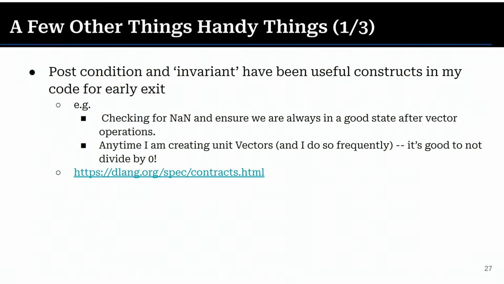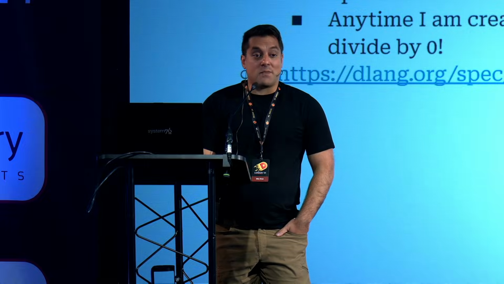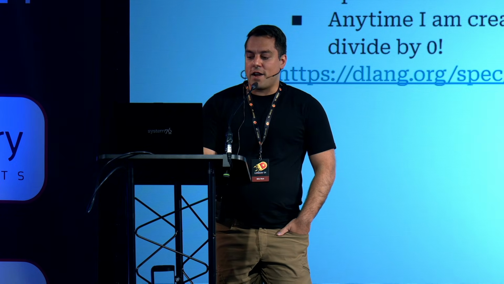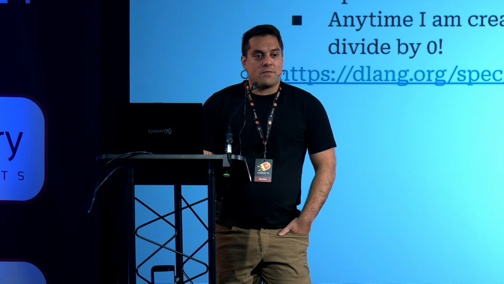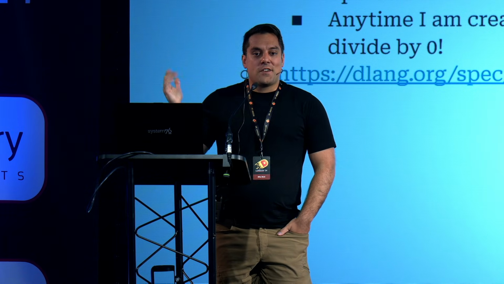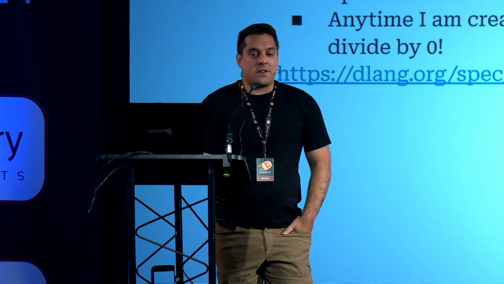So a few other handy things that have just sort of saved me on the iteration time here. D has support for contract-based programming here. So things like postconditions and invariants and so on have been very, very useful. I spent some time building a tiny math library for this application so I could rotate and move around and stuff. And basically, every time I get a NaN value for a float because I divided by 0 or did something silly, I basically want an early exit.